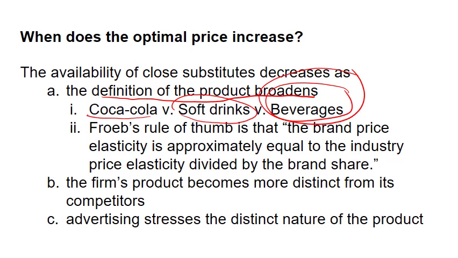Availability of close substitutes also decreases as the firm's product becomes more distinct from its competitors, and advertising can play that up. Advertising that stresses the distinct nature of the product will tend to make consumers view the product as more distinct from other products.